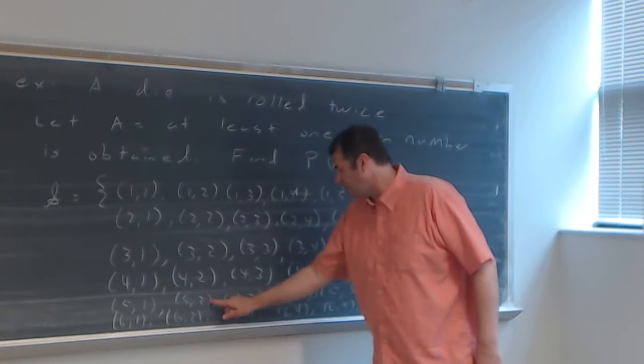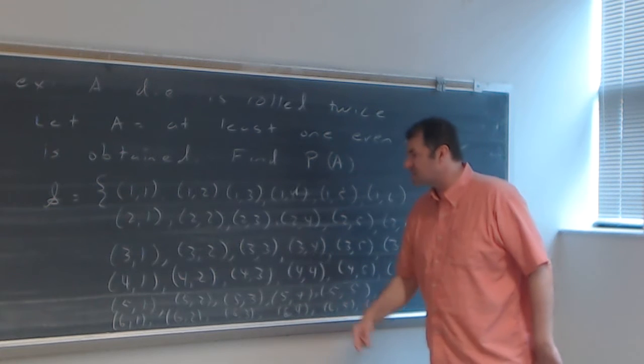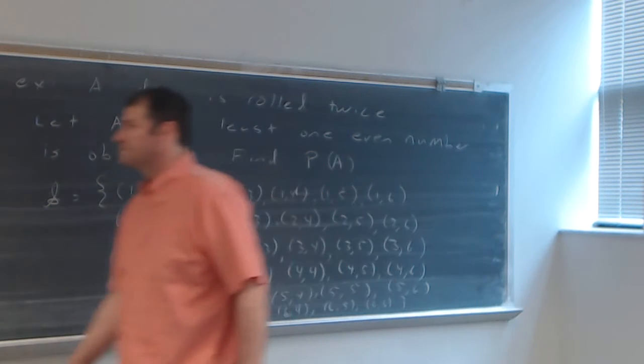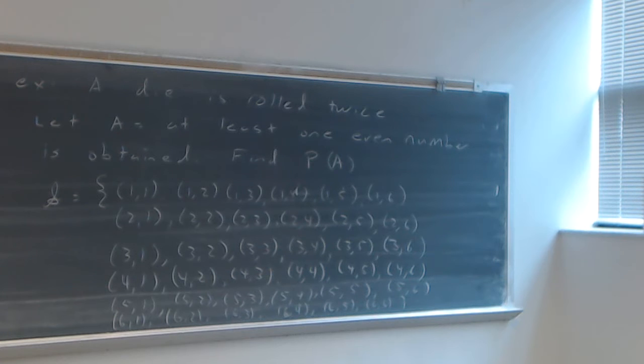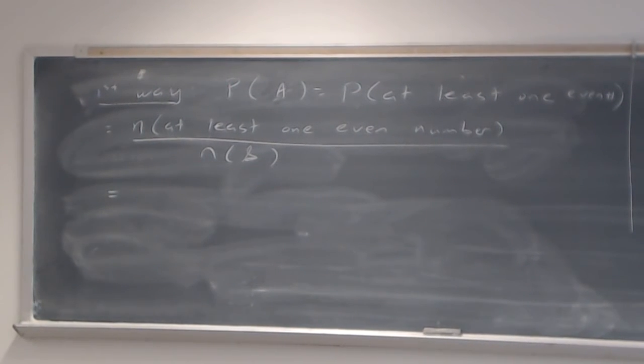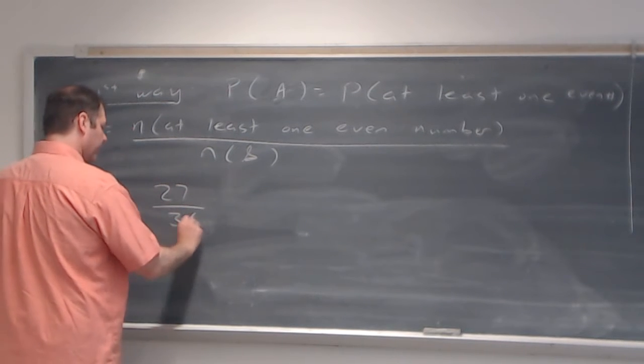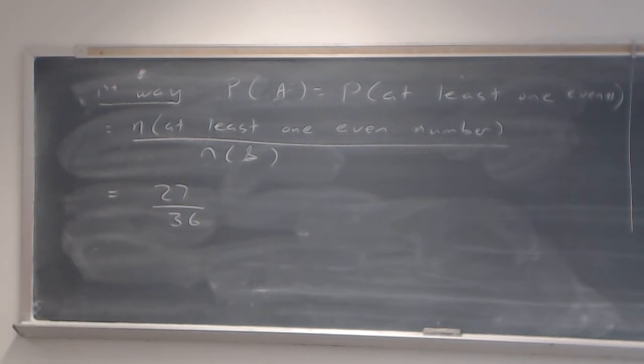And then there's 19, 20, 21, and then 6 more makes 27. So there are 27 out of 36 in the sample space. And so that's my first way of doing the problem.